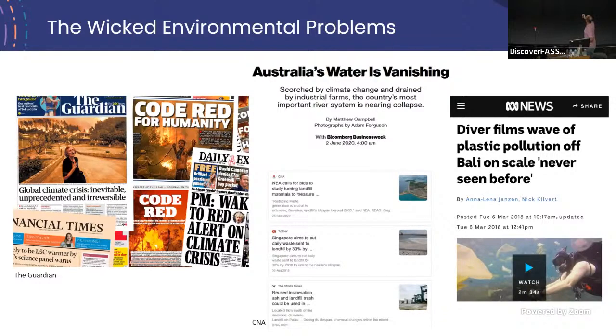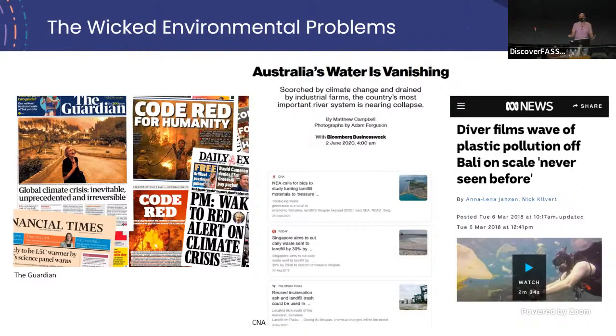There are other issues as well, and you will typically hear in the module about how wicked environmental problems transcend not just boundaries, but can also affect individual countries. Australia's freshwater scarcity is increasing, exacerbated by climate change as well as poor human management.